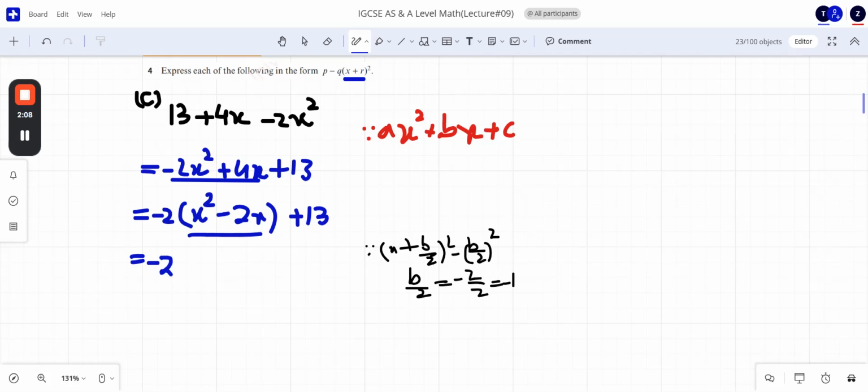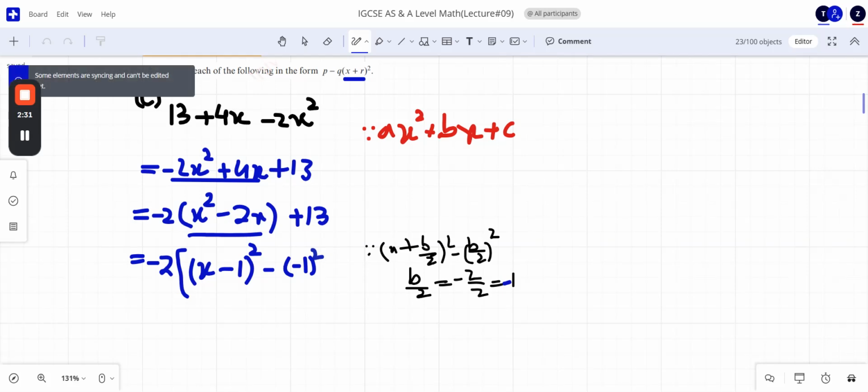Outside the parentheses, values we will keep the same. Now x we will always keep the same, plus b by 2 means it would be minus 1, because plus minus makes minus. There is plus, but the b value is minus 1. So plus minus makes minus. Then minus b by 2 whole square.